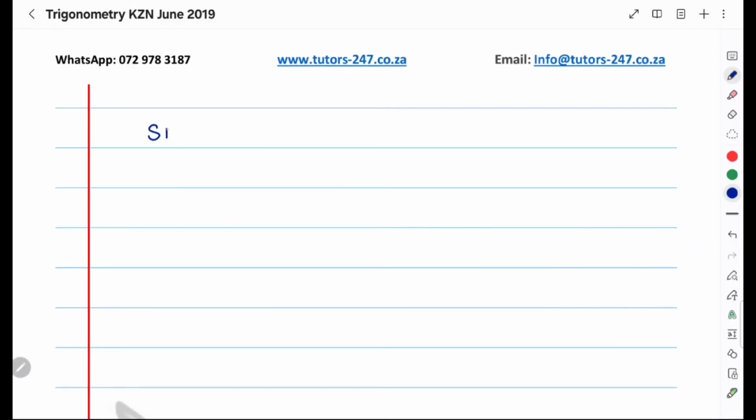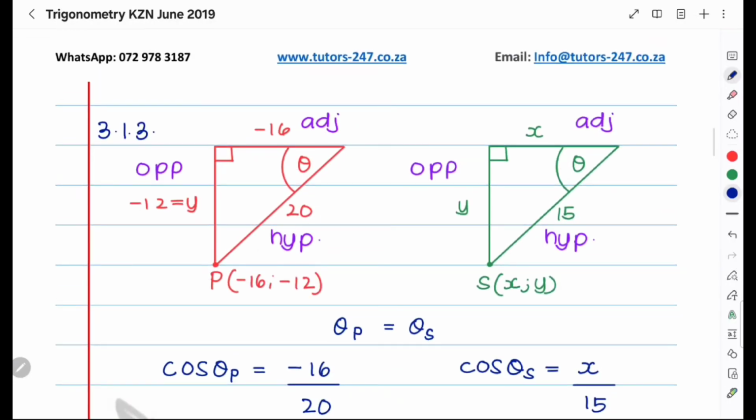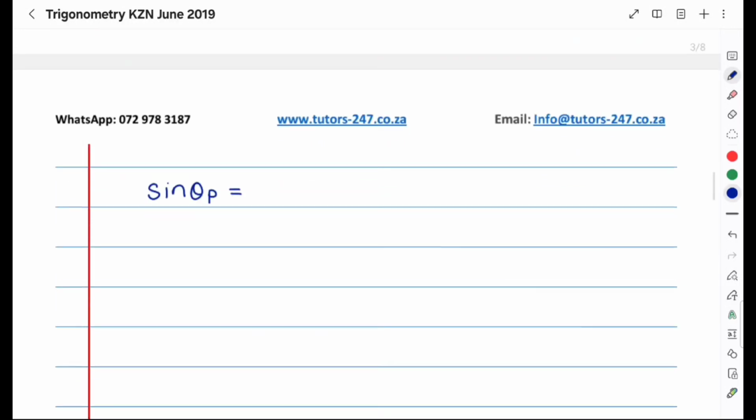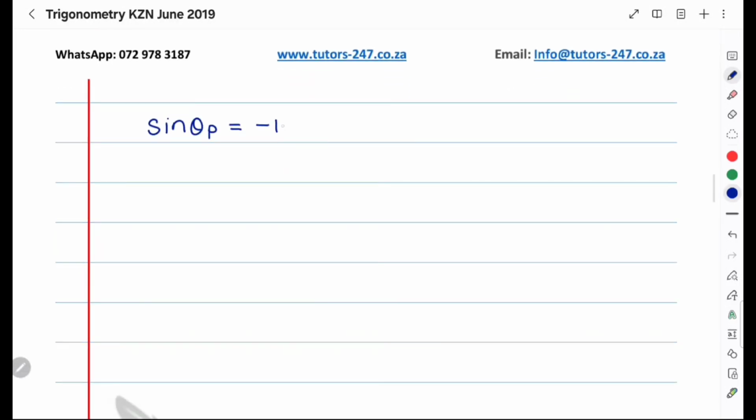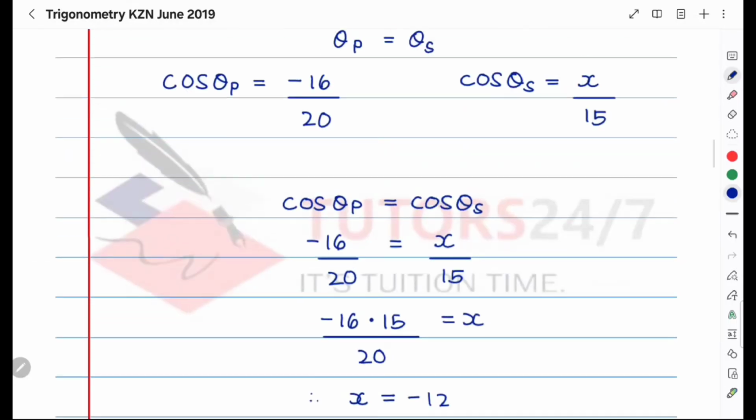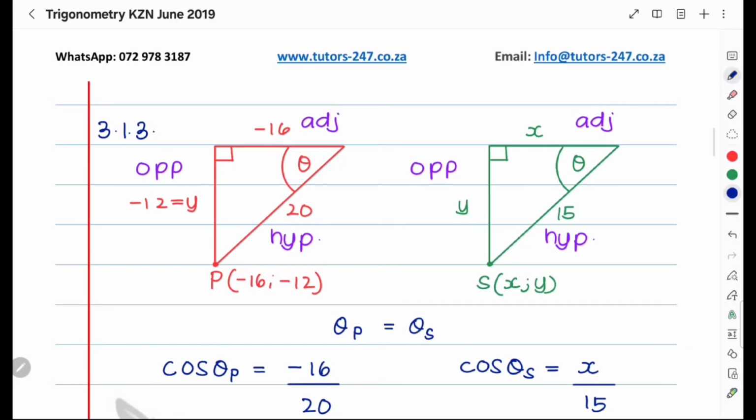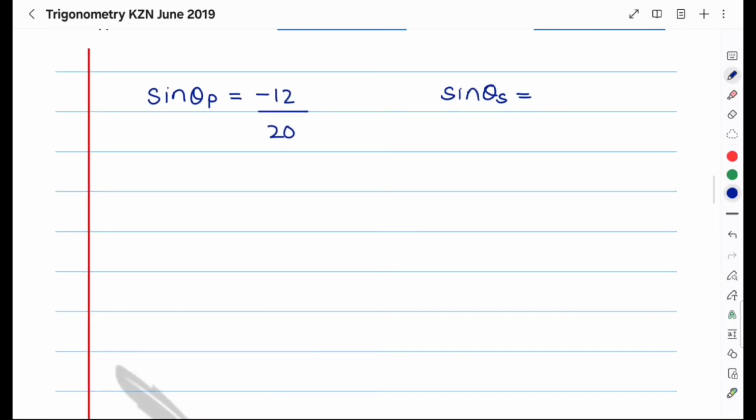So we are going to use sine theta of the triangle with point P is equal to the opposite, which is negative 12, over the hypotenuse, which is 20. And then we are going to use sine theta for the triangle with point S, and that is equal to the opposite, which is y, over the hypotenuse, which is 15.